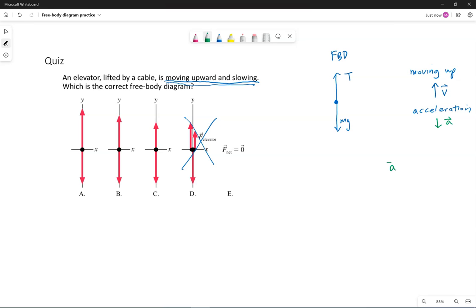Acceleration, according to our friend Sir Isaac, is caused by a net force. The value of it depends also on the mass. But what this tells me is the acceleration and net force are always in the same direction.